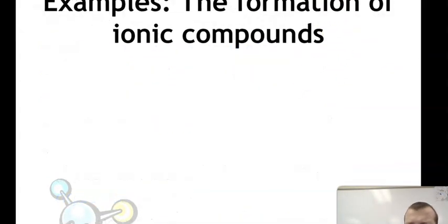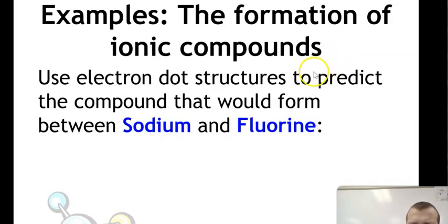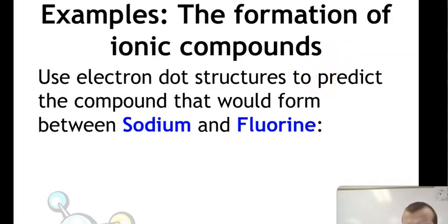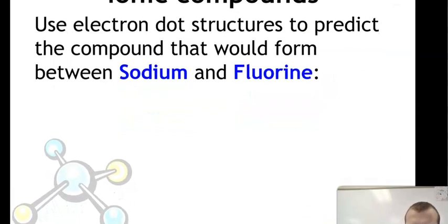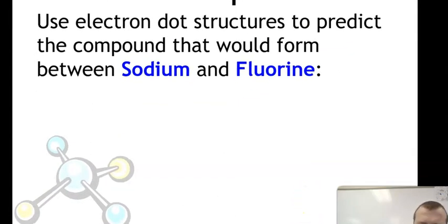Let me show you some examples of the formation of compounds. Sodium and fluorine. Yesterday I showed some ideas of charges in sodium and fluorine. Sodium has how many dots? 1 dot. Fluorine has how many dots? 7. You can either look at the dots or the charges. Sodium has a +1 charge.